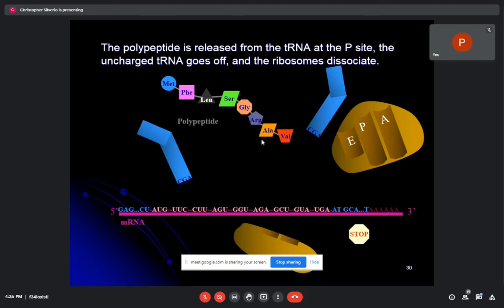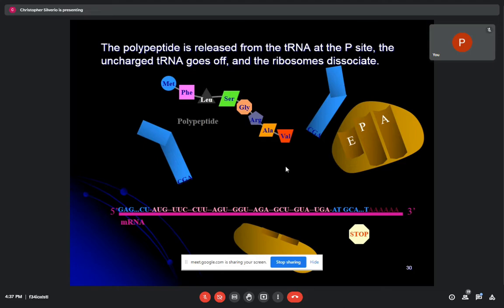This polypeptide chain will be released. The large ribosomal subunit will be released also. The small ribosomal subunit and also the messenger RNA transcript will be released. And here is now the protein. Okay? So that is what will happen if the translation will stop.